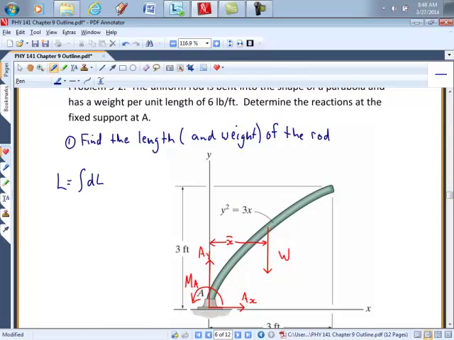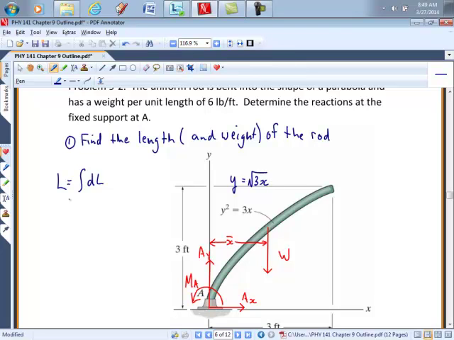Which variable do you think it's going to be easier to integrate with respect to? Okay, if we try to integrate with respect to x, then I'd want to rewrite this as y equals f of x. So if I write this as y equals f of x, that would be y equals root 3x. That was easy.